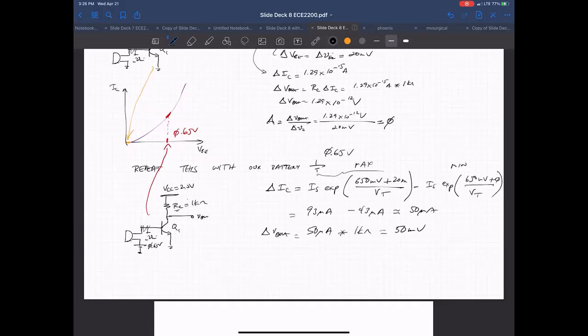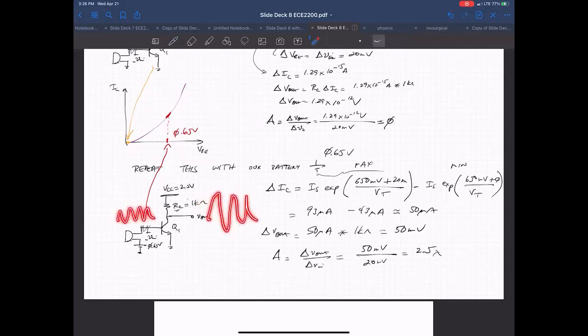So if I look at the gain here, V out over delta V in, we've got 50 millivolts over 20 millivolts, which is 2.5x. So if I have a 20 millivolt input, I'll get a 50 millivolt output, sorry. If I have a 50 millivolt input, I get 150 millivolt output.